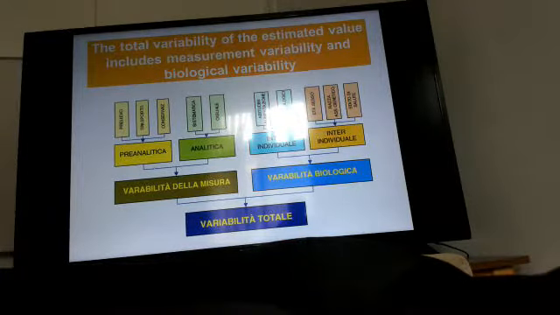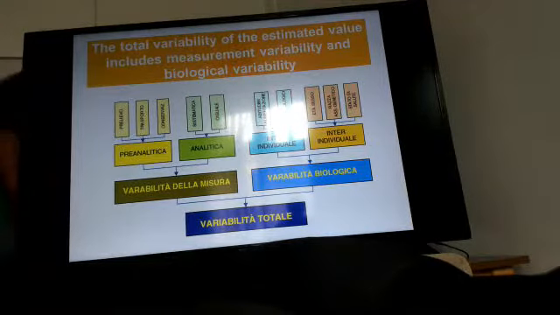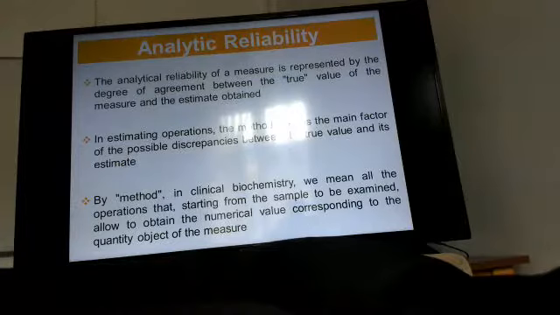So the results have to be reproducible. If I take from me 3 blood samples and one measures 3 grams of glucose, the other 6 and the other 4.5, I can say, okay, everything is in the range, because probably the range goes from 3 to 6. But what is the real concentration? 3, 4.5 or 6? Okay, so I want to have reliability in the test.